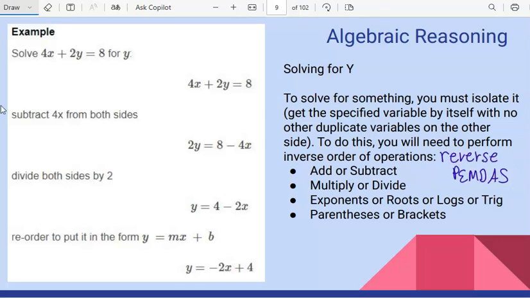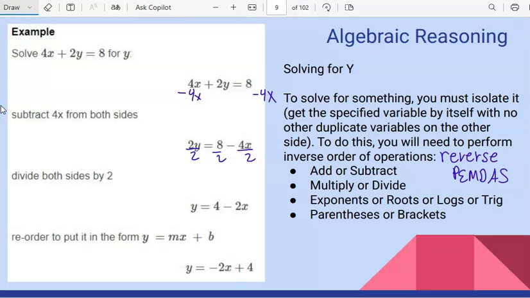Example, solve 4x plus 2y equals 8 for y. First, we will subtract 4x from each side. Rewrite it. 2y equals 8 minus 4x. Divide each side by 2.